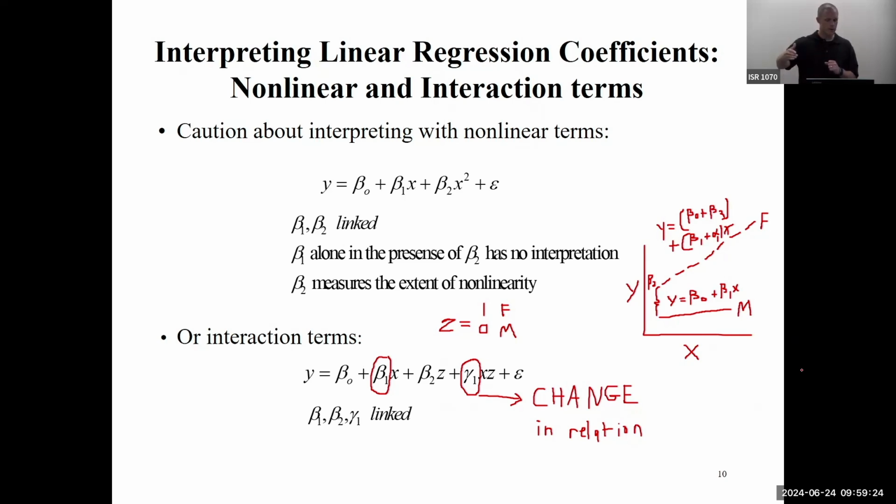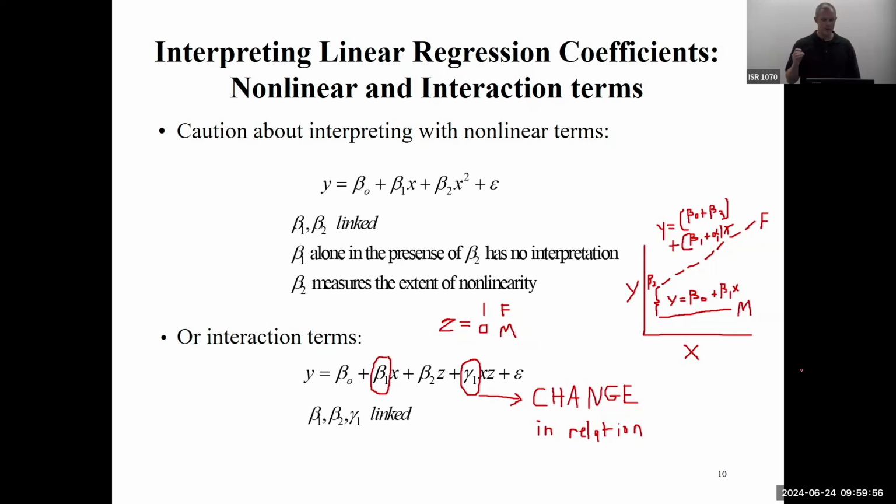Beta 2 is the change in the intercept for females relative to males. That's one change. Gamma 1 is the change in the slope for females relative to males. So if gamma 1 is non-zero, that tells me, in answer to my research question, the regression relationship between X and Y is different for females compared to males, which was the question that I set out to answer initially.